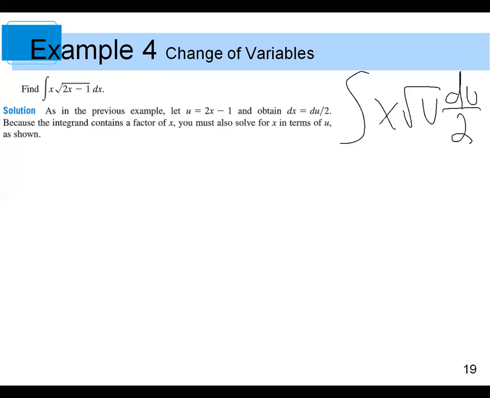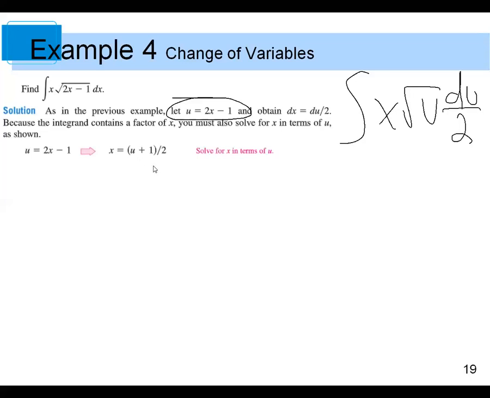But this equation establishes the relationship between u and x. So what you could do is, if I want to substitute just what x is, solve this equation to get x by itself. So if I solve this for x, add 1 to both sides, divide by 2.